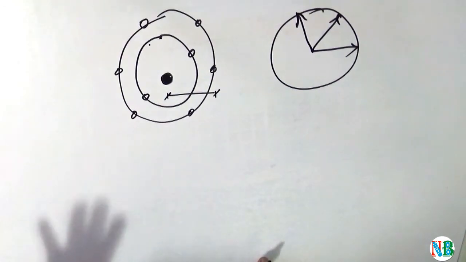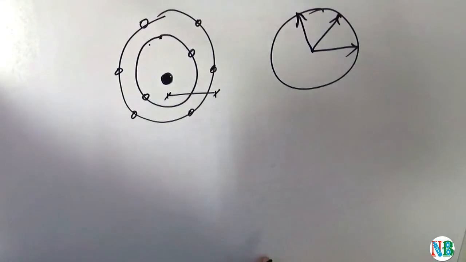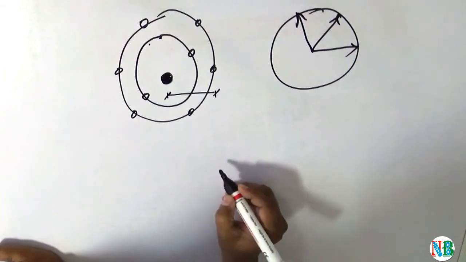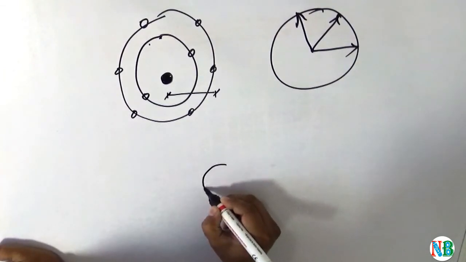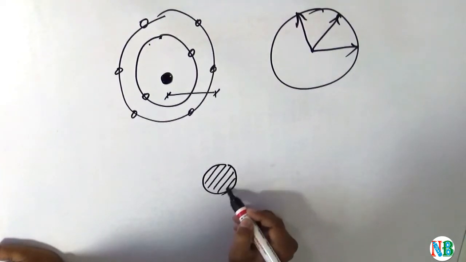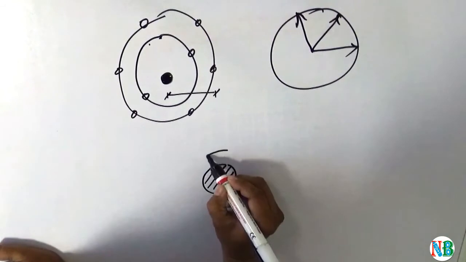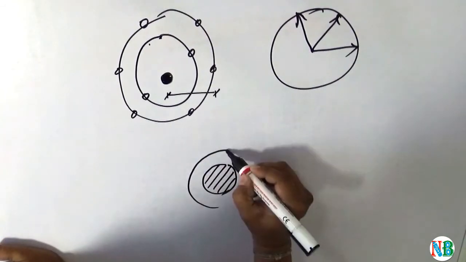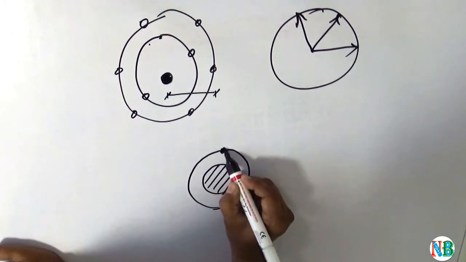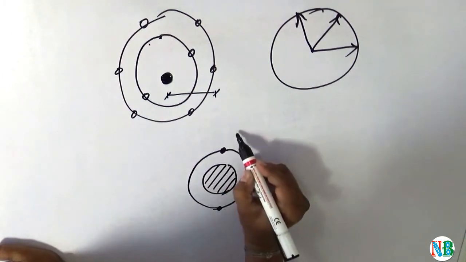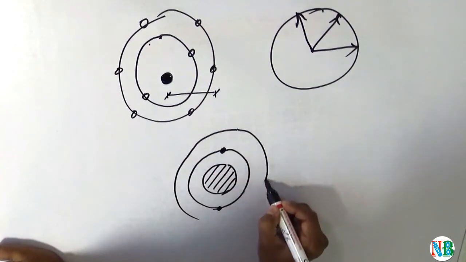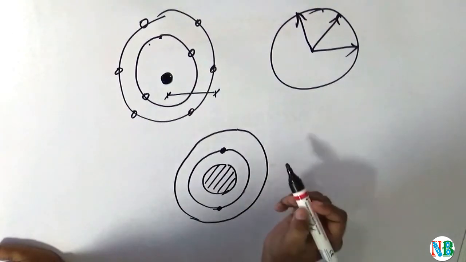We take for example the atom of oxygen. You have the nucleus, one subshell with 2 electrons, and another subshell. Oxygen has 8 electrons.